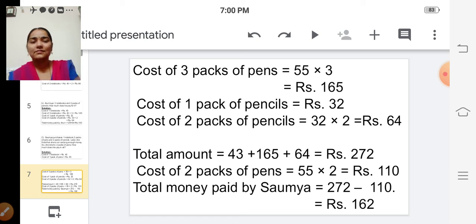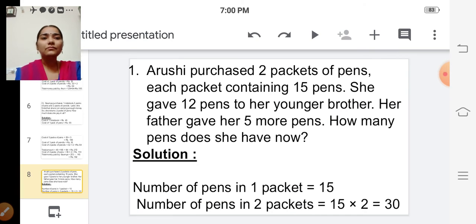Yes. The next one: Arushi purchased 2 packets of pens, each packet containing 15 pens. This is a different problem.